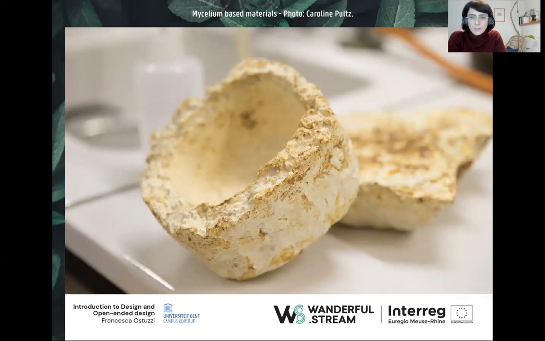And why is it so important? Because, as I mentioned before, as designers we tend to think in terms of perfection, in terms that things will not change. And also we tend to think that things will last very long. But one of the main problems of sustainability is really that we design products with very long-lasting materials, for example plastics, but then the products get discarded very quickly.